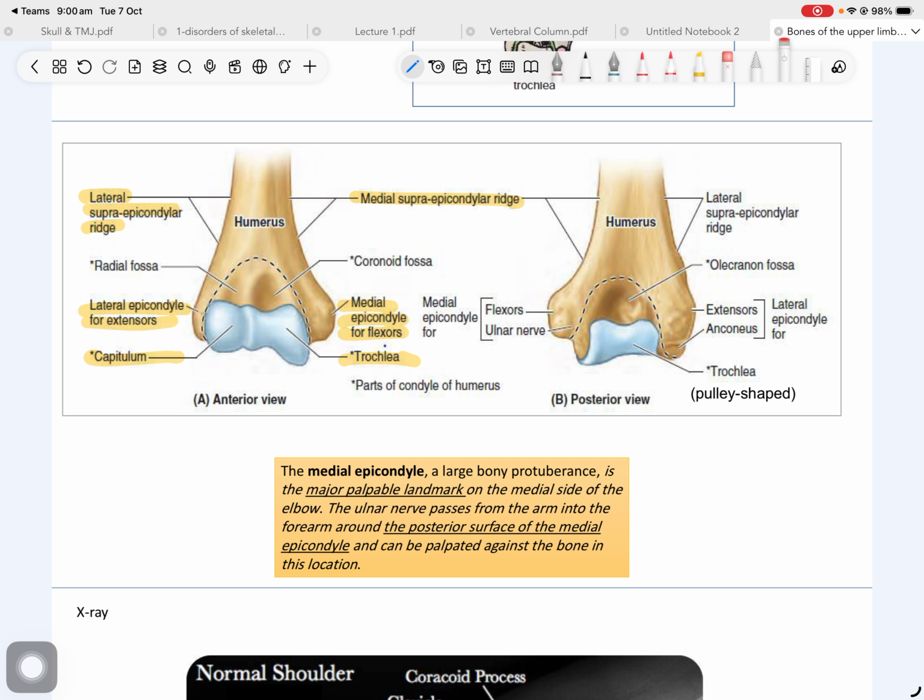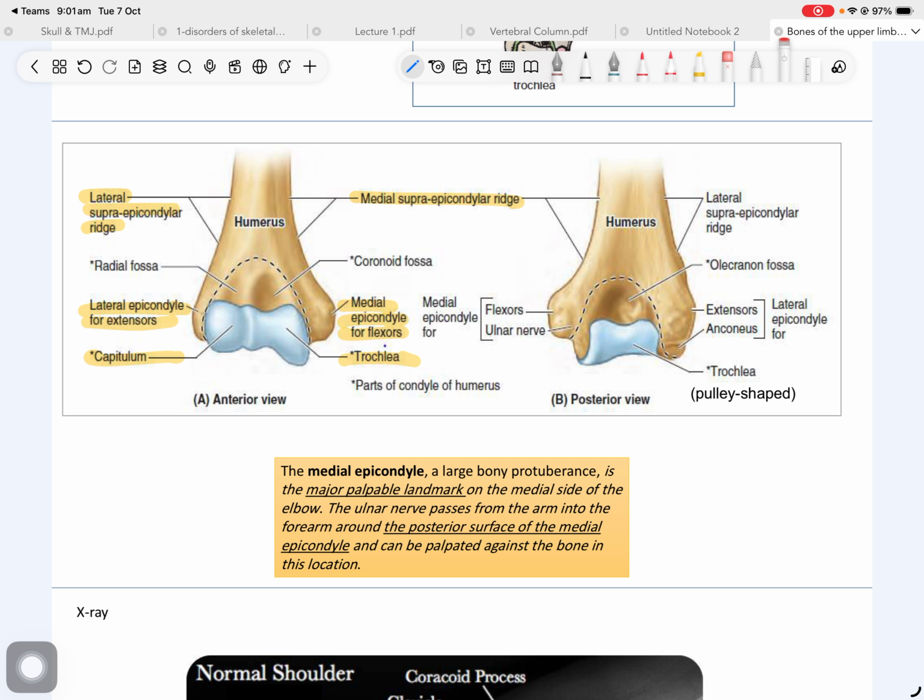This is the anterior view. So anteriorly here, on the top of the trochlea, I have a fossa. This fossa, we call the coronoid fossa. Why is it called the coronoid fossa? Because at the ulna, I have a process called the coronoid process.